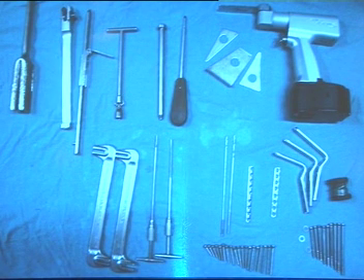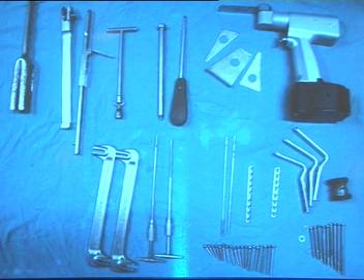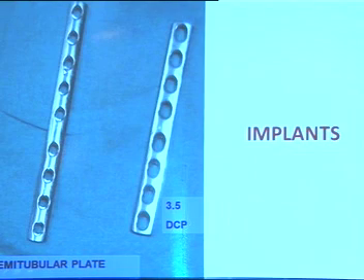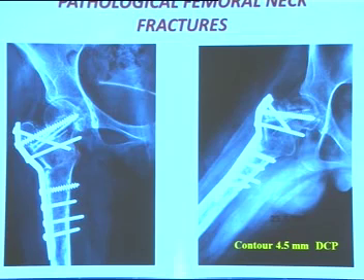A specially designed chisel for the children and plate holder. You have to contour this plate, a semitubular plate, or a 3.5 DCP to a 120 degree double angle blade plate, or you can at times also contour a 4.5 DCP here.